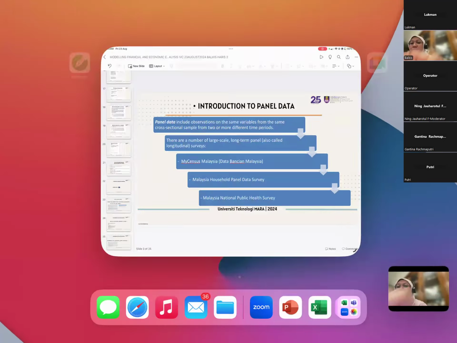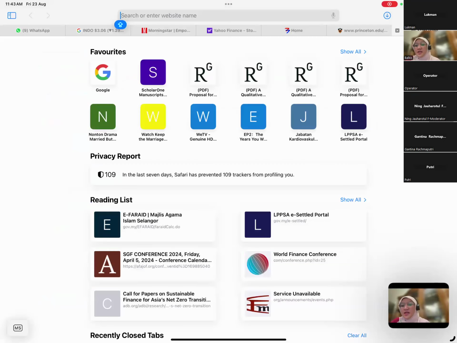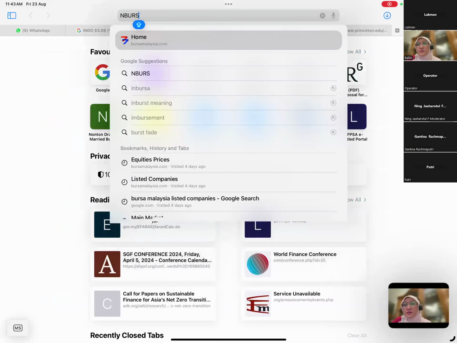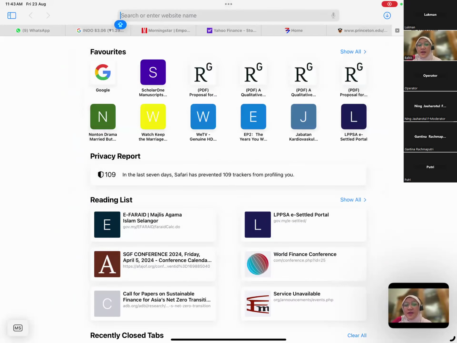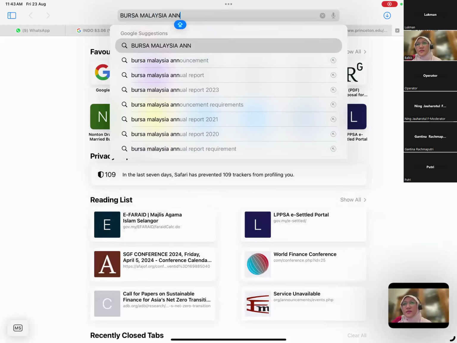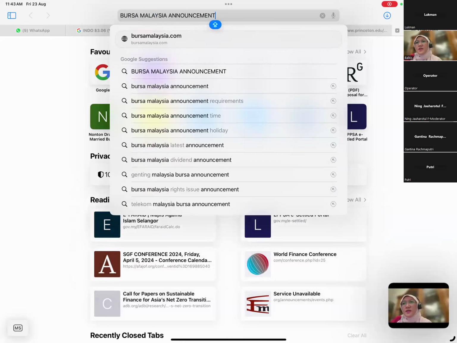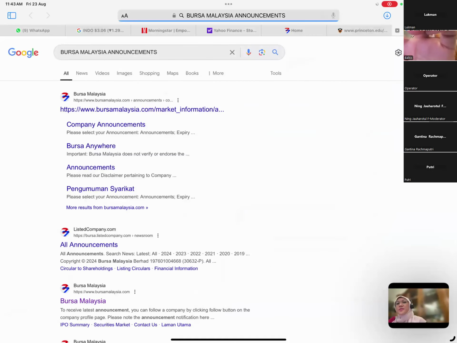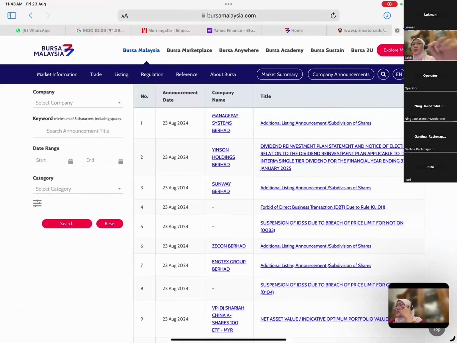For example, in Bursa Malaysia, they have announcements. So for every announcement here, what I looked at was what we call profit warnings. The profit warnings data can be positive profit warnings. It can be negative profit warnings.